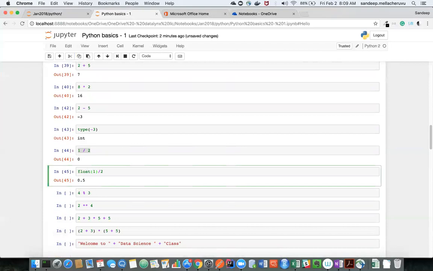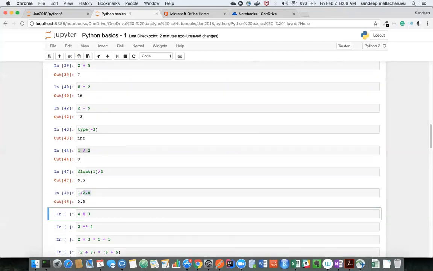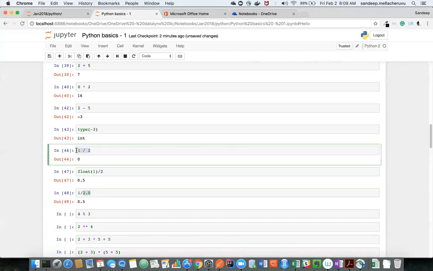Hope this is clear. Sandeep, if you do 1 divided by 2.0, what happens? I can also do that, yes. But there 2.0 is already a floating point number. If one of them is already a floating point number, it will easily give you the answer. But in this case, both are integers.